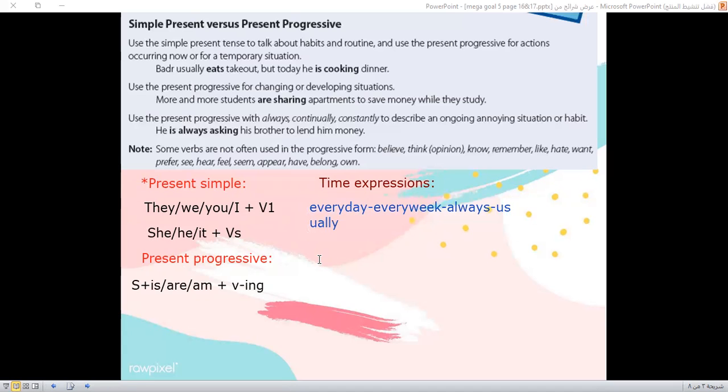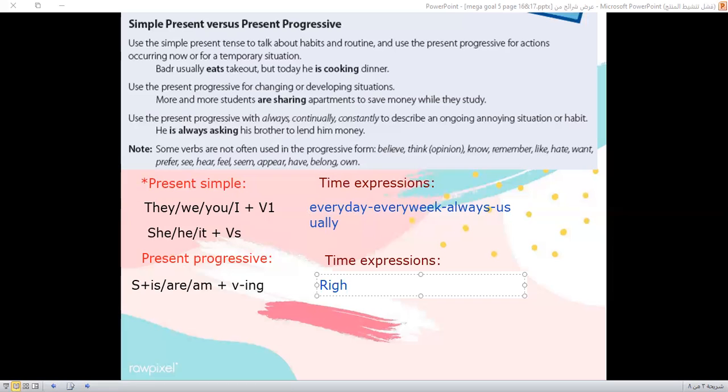What about the present progressive? Sorry, I will write time expressions. How do I know that this sentence is in the present progressive? If I'm doing it now, something that I'm doing now, very good.